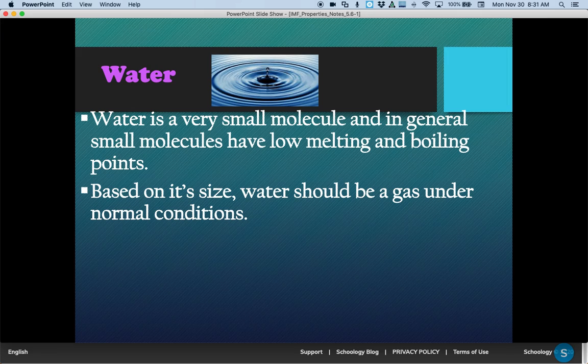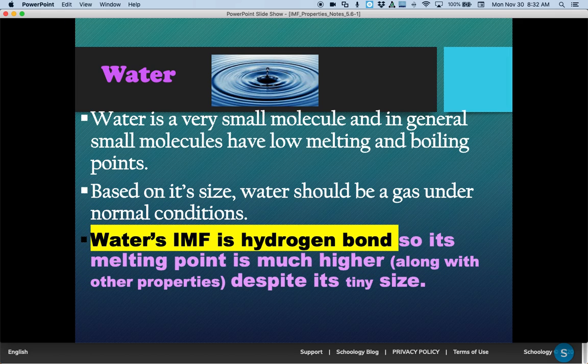Based on its size, if you compare water to other relative things, water should be a gas at room temperature. The fact that we have liquid water is not how it's supposed to be, but it is because water's IMF is hydrogen bonding, which of course is the strongest of all the IMFs.